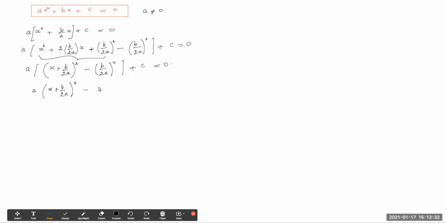If I develop, I will have minus a times b square over 4a square plus c equals 0.